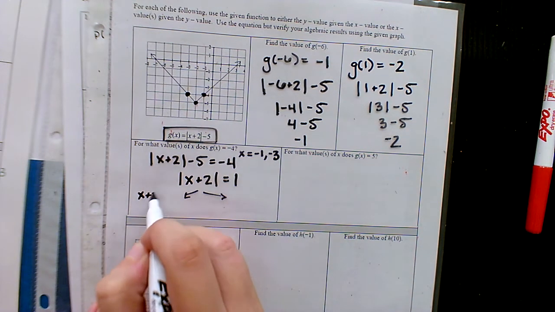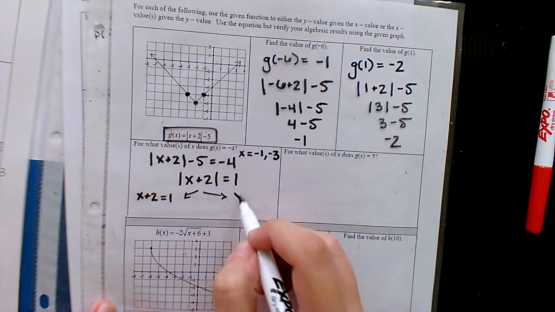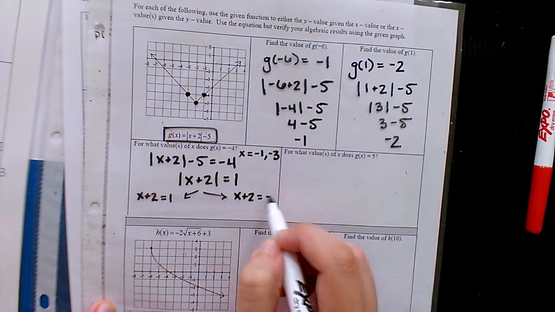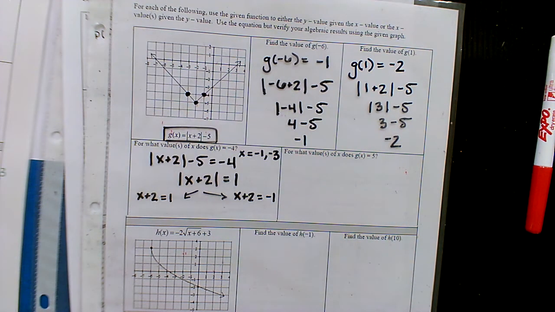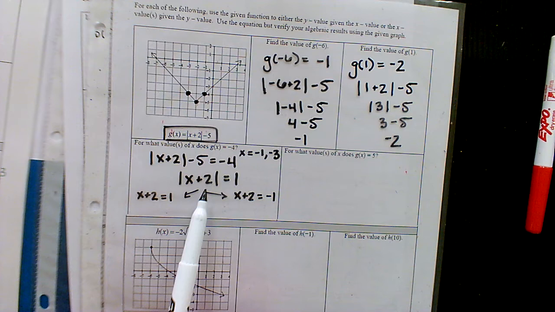There we go. Good. Do we remember doing this way back in Algebra 1? All right. So an absolute value can mean two things, right? If you plug in a positive number, the absolute value isn't going to change anything. But if you plug in a negative number, it's going to change it to be positive.